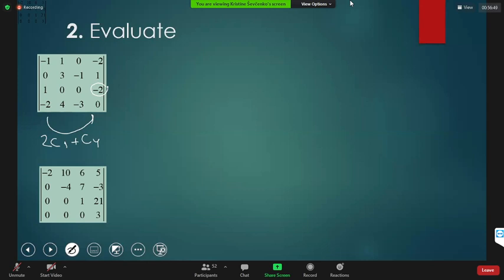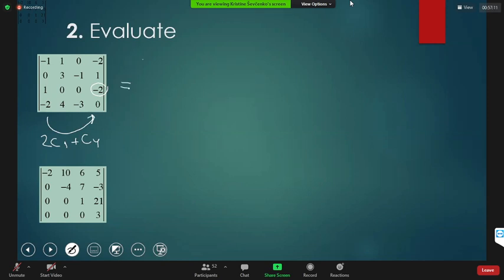To save myself work, I prefer to have a situation where I have as many zeros in one row as I can make. Well, 3 I can make. 4, if the determinant is not 0, I cannot make 4. But 3 I could. So I simply will multiply the first column by 2 and add it to the fourth column.